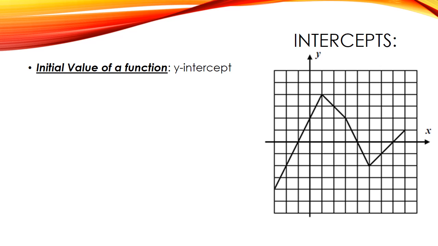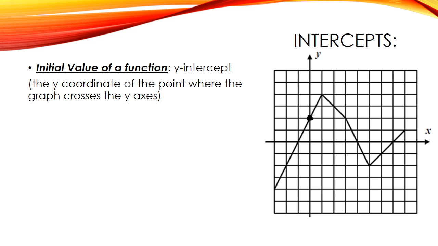And if we look at this graph, we'll find out that the y-intercept in this case is this point on the y-axis where the graph crosses the y-axis, and this point is (0, 2), which means that the y-intercept, or the initial value for this graph, is 2.